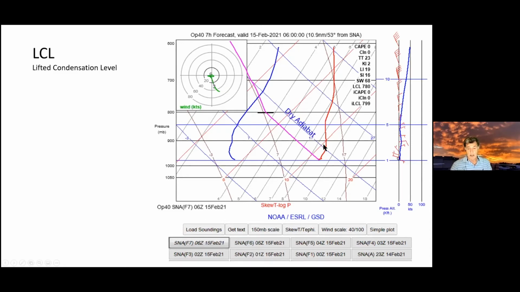So this is the dry adiabat line that we followed from our surface temperature. This is the mixing ratio line that we followed for the dew point, and where they cross is my lifted condensation level, right? And then at that point is where I'd start following the moist adiabat line on up. So that's how you would, if you had a chart and they didn't provide this line for you, create it yourself.